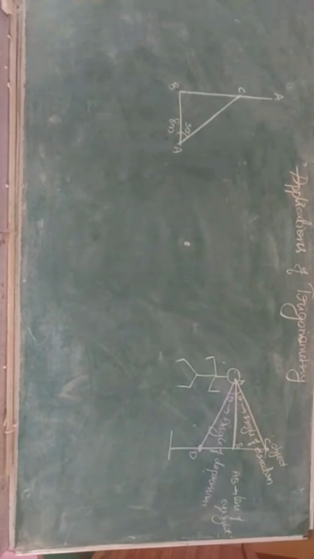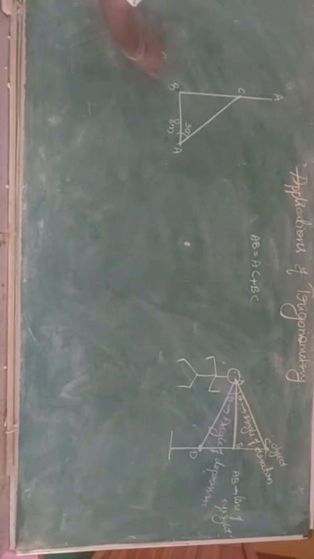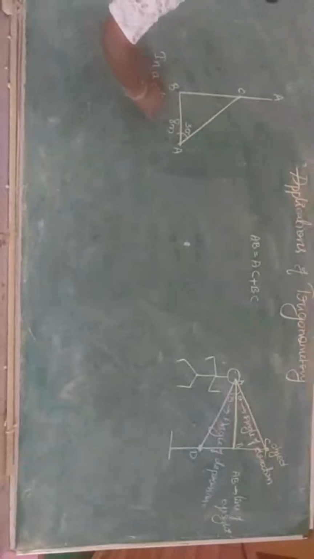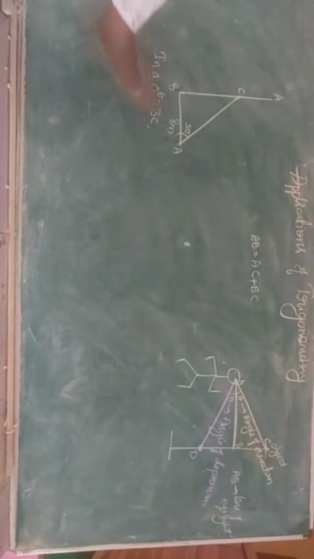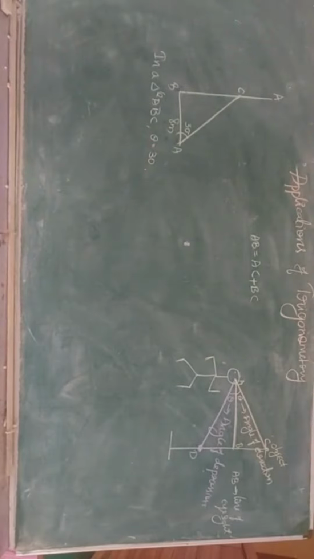So in this case they ask to calculate the height of the tree. Height of the tree means AB, the total height. AB is nothing but AC plus BC. So we can calculate AC and also BC. In triangle ABC, theta is equal to 30 degrees and AB is 8 meter, that is given.